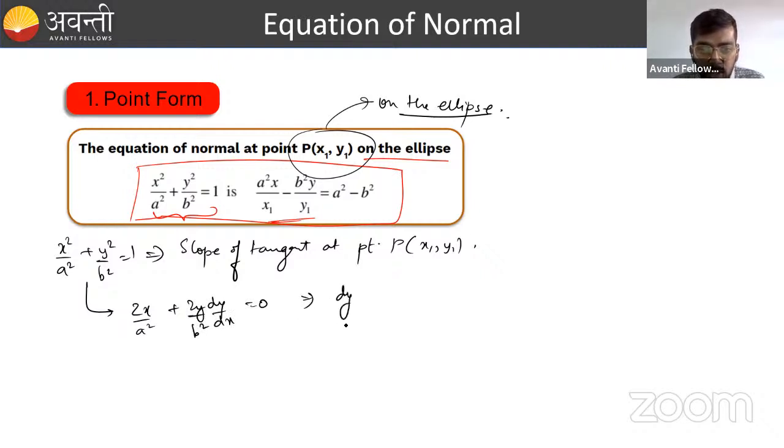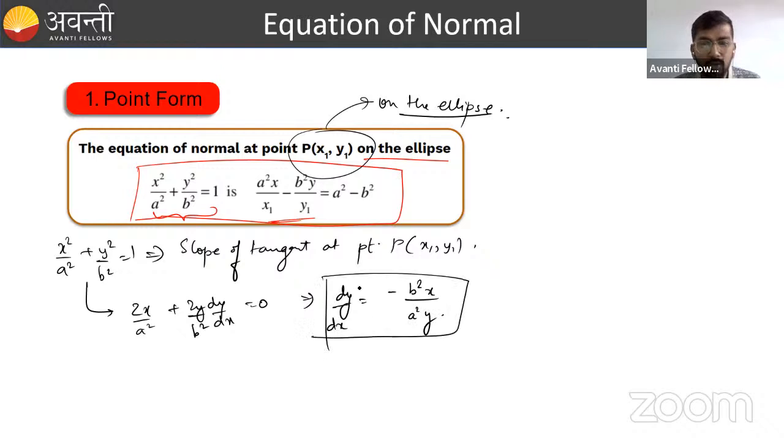From this we can get dy by dx is equals to, what will be our dy by dx? It will be minus b square x upon a square y. So this is the slope of tangent.